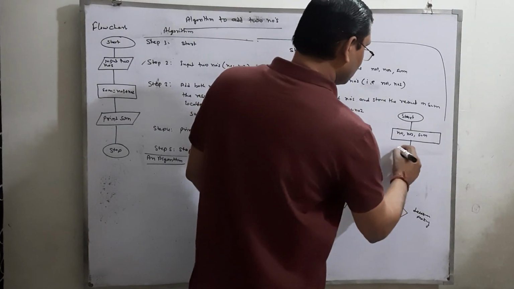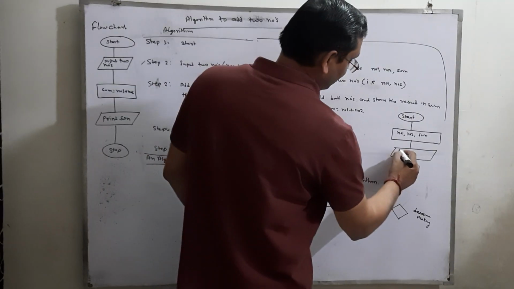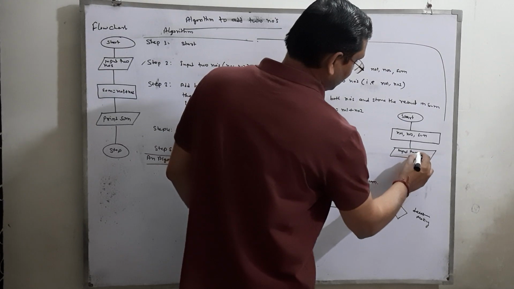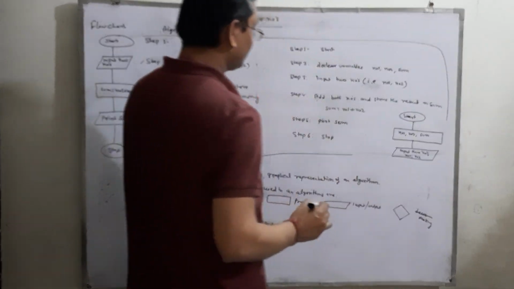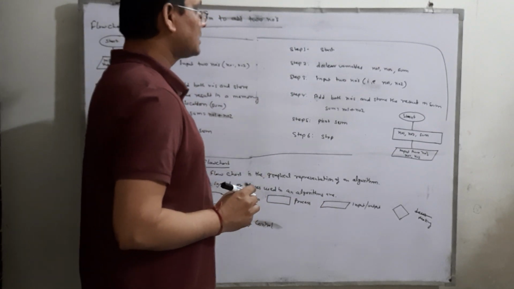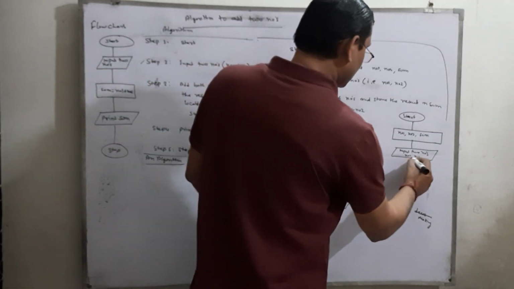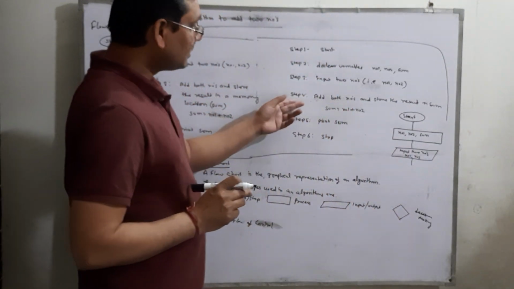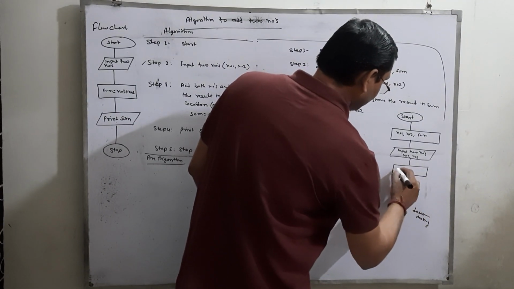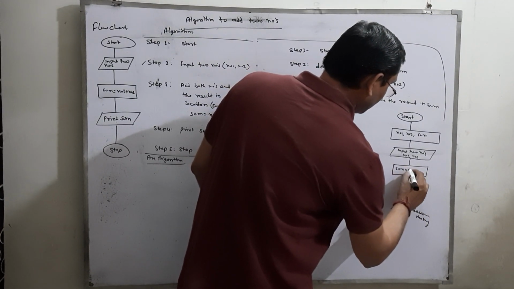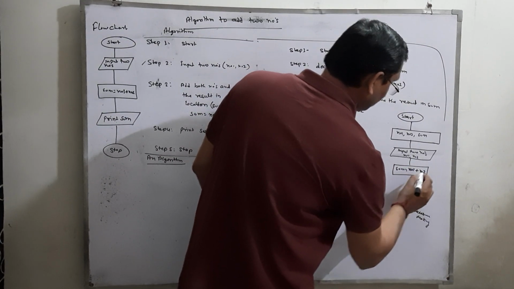Input two numbers, just write parallelogram. Input two numbers, number 1, number 2. The next one is add both numbers and store the result in sum. Add is also a process. Then the process is sum is equal to number 1 plus number 2.